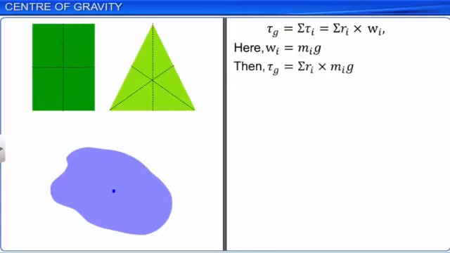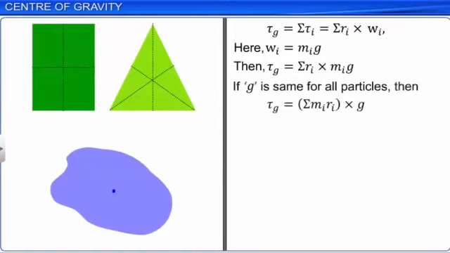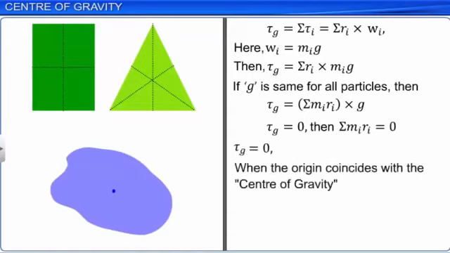Then, tau g is equal to sigma mi Ri cross g. That means, if tau g is equal to 0, then sigma mi Ri is also equal to 0. Tau g is equal to 0 only when the origin coincides with the center of gravity. Similarly, for a system of particles, sigma mi Ri is equal to 0 only when the origin coincides with the center of mass.